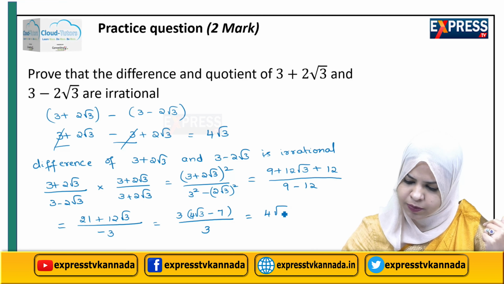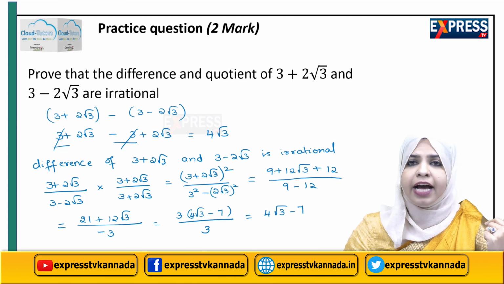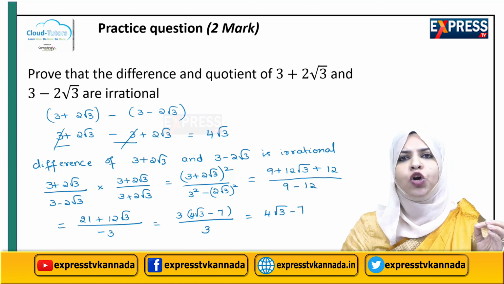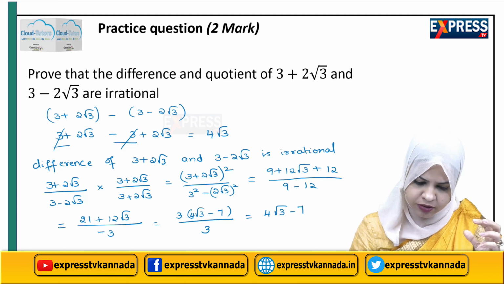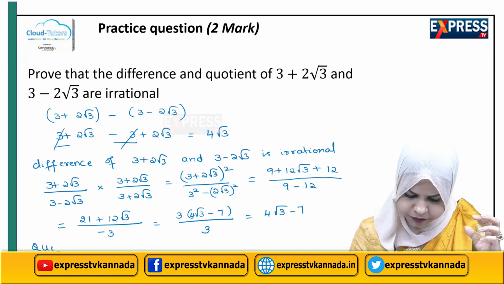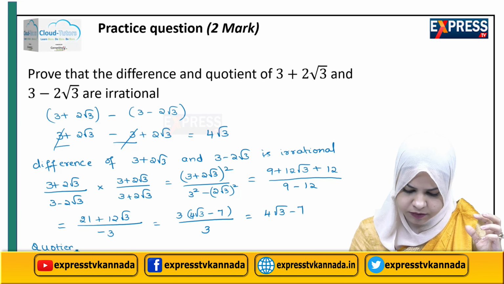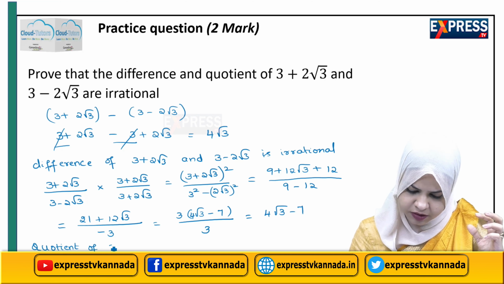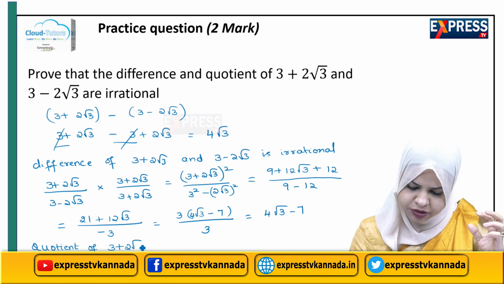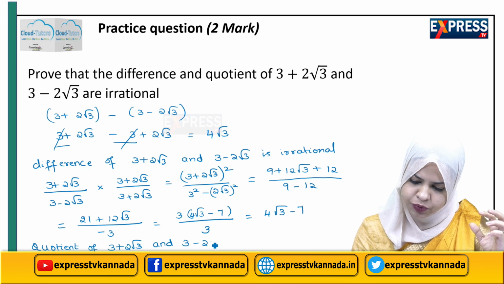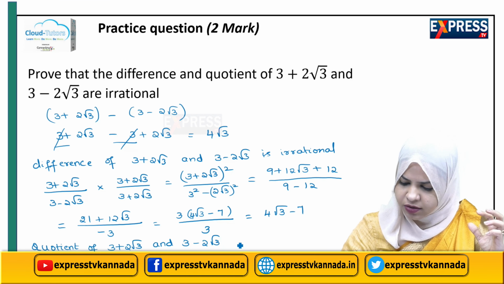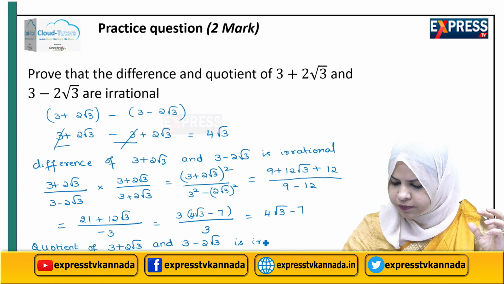So the final answer would be 4 root 3 minus 7. As you all can see that even the quotient of these two numbers is irrational. So let's write it. Quotient of 3 plus 2 root 3 and 3 minus 2 root 3 is irrational.